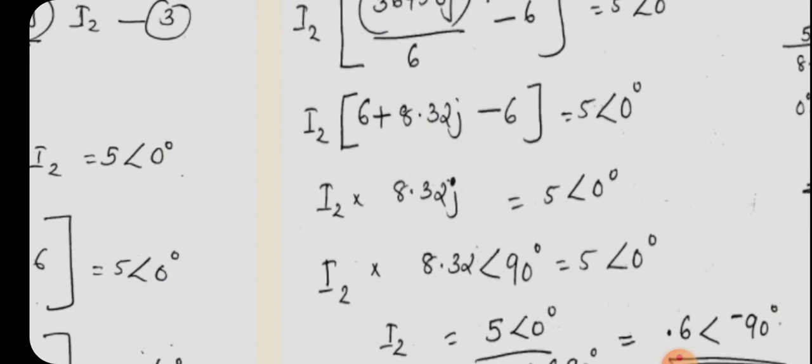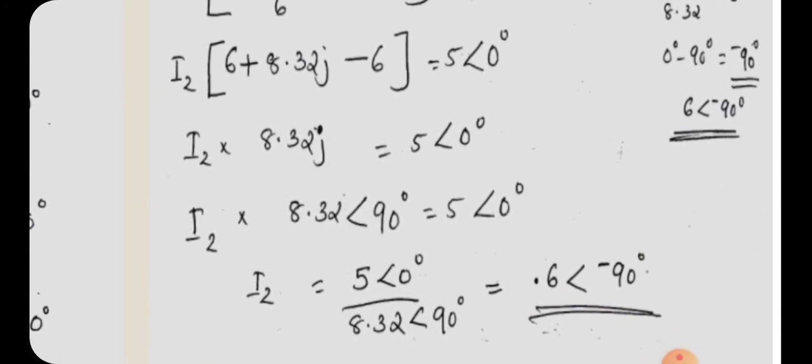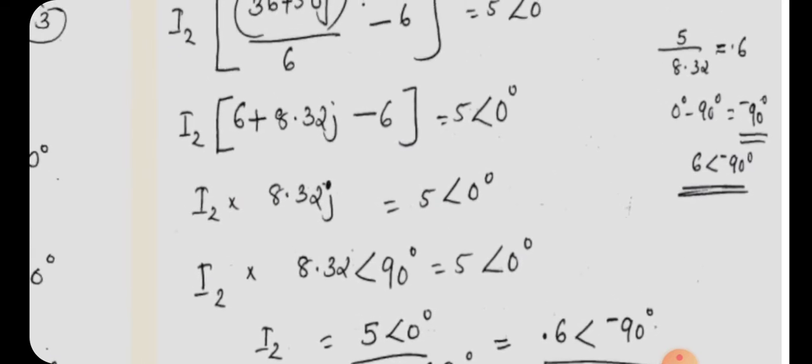Here I am converting 8.32j into polar form. As you know, we can write 8.32j as 8.32 angle 90 degrees. You might have studied it in the previous classes.